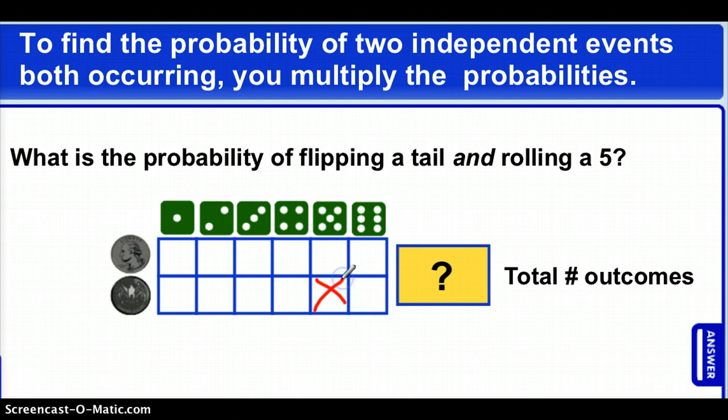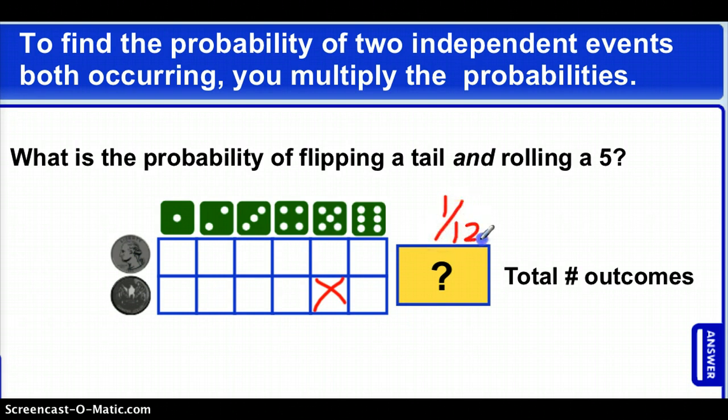So if you're willing to draw a diagram like this, you can figure out an answer right away. There are 12 boxes, and one of them meets the criteria we're looking for. So the probability of flipping a tail and rolling a 5, we could say would be 1 in 12.